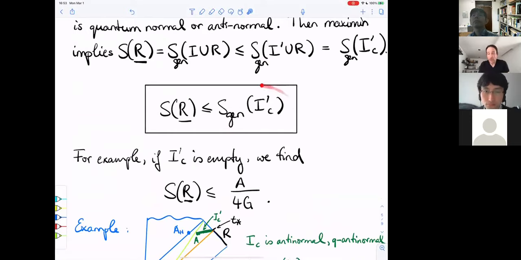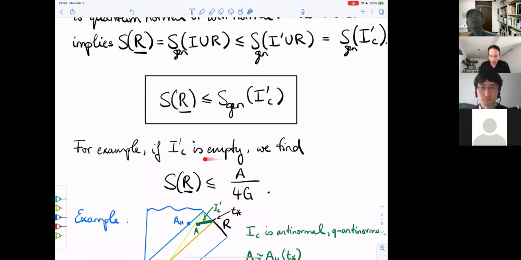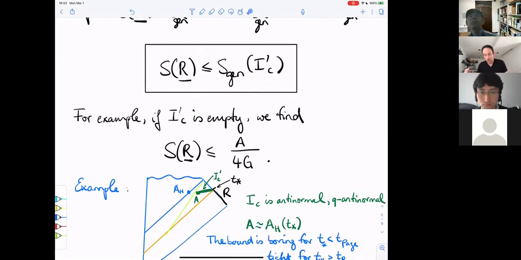Suppose that that region is essentially empty, because maybe I've sucked out all the Hawking radiation that this black hole has emitted. Now what I learn is that the reservoir entropy has to be less than the entropy of the remaining area. Now this is kind of obvious for an evaporating black hole, and it's also not too difficult to see that it should be true if we assume unitarity.